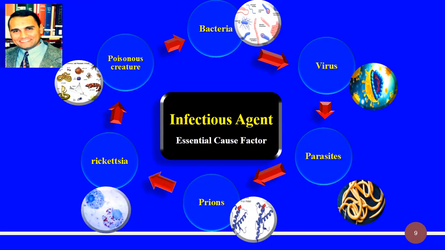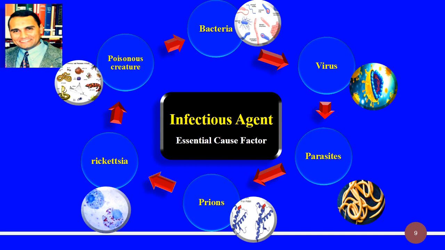Infectious agents are the most essential causative factors for any disease: bacteria of all types, viruses of all families, parasites, either ecto, endo, or blood parasites, and the prion, which causes bovine spongiform encephalopathy and the like in several animals, and occurs also in humans, that caused an embargo on meat from the USA, UK, and several European countries in 1995.